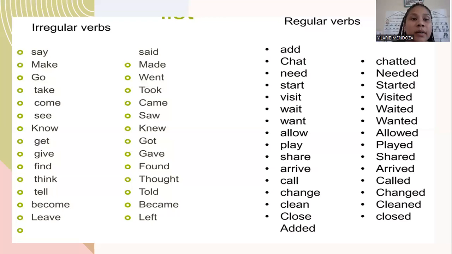The irregular verbs and regular verbs have a difference. Irregular verbs change, like say and said, make and made, go and went. In regular verbs you only add -ed, or change the letter y and add -ied.